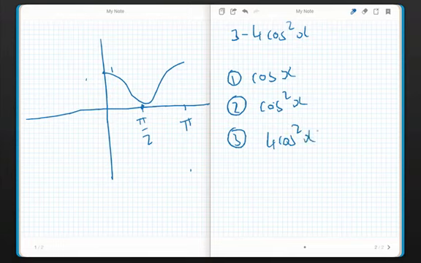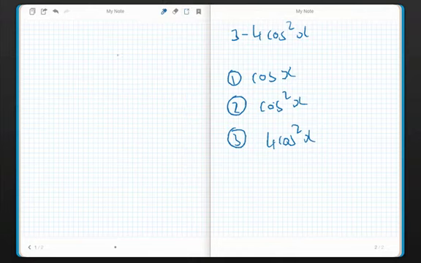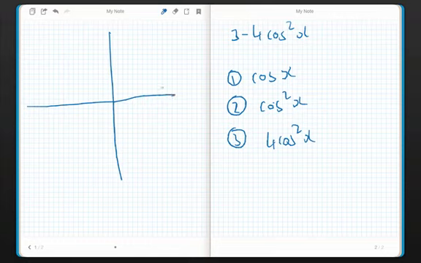Now the third graph we want to graph is 4 cos squared x. Now how would 4 cos squared x look? I hope you've taken this down. I'll clear the page. Now I'll just graph 4 cos squared x for the same points, pi by 2 and pi. Now we can say that 4 cos squared of 0 is not 1, but this time it's 4, because 4 into 1 is 4.